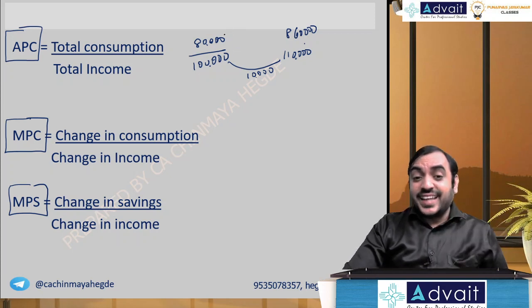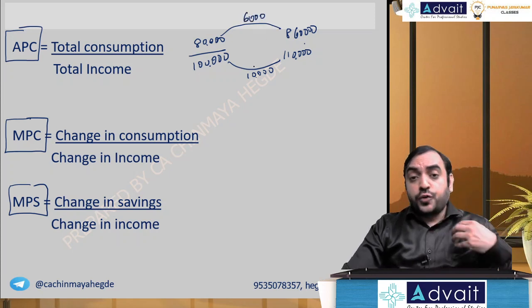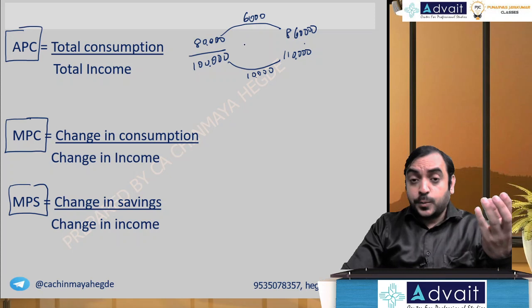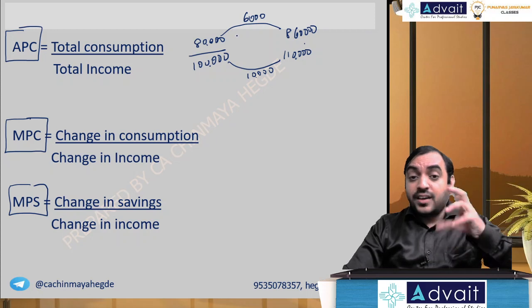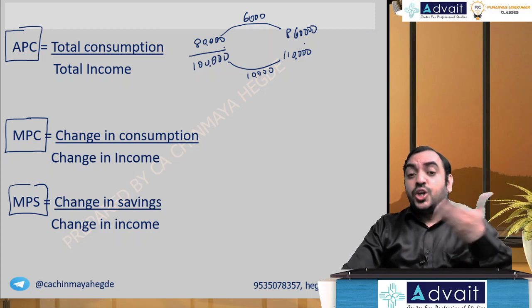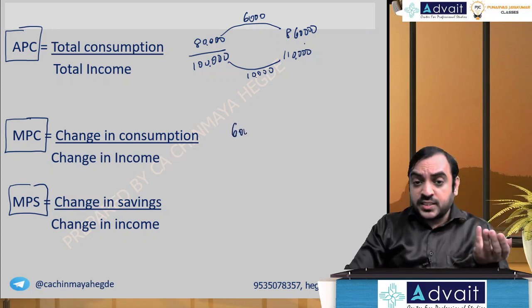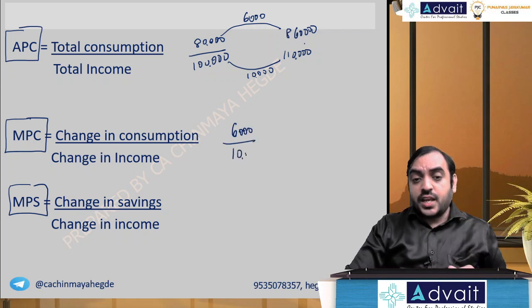What is my increase in expense? 80,000 becoming 86,000, that is 6,000. So for getting 10,000 extra income, I'm spending 6,000 more. So what is my marginal propensity to consume? Change in consumption is 6,000 and change in income is 10,000, meaning 0.6.